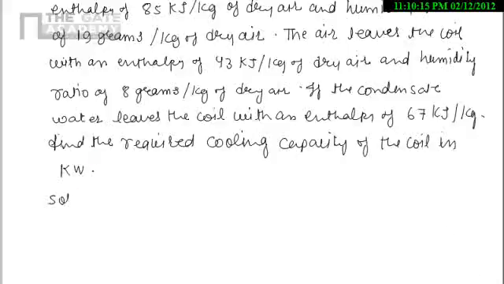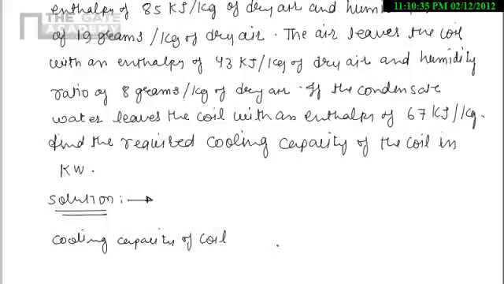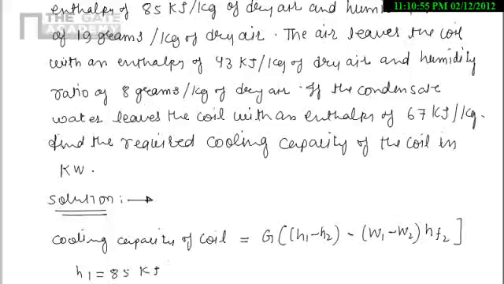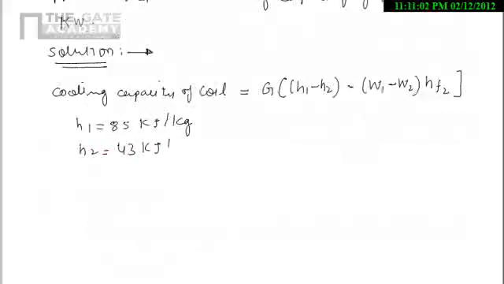So now let's solve this problem. I am just giving the solution for this problem. We have already discussed in theory the cooling capacity of the coil. For cooling capacity of coil, we have one formula, that is G times H1 minus H2 minus W1 minus W2 times HF2. Here H1 is 85 kilojoule per kg and H2 is 43 kilojoule per kg.